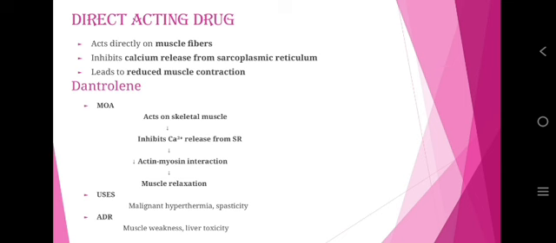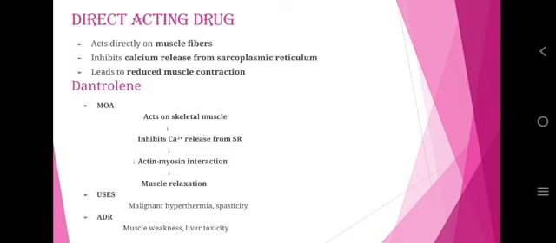And then move on to the final classification, directly acting drugs. This directly acting drugs classification also comes under the classification of peripherally acting skeletal muscle relaxants. This directly acting drugs act directly on the muscle fibers.